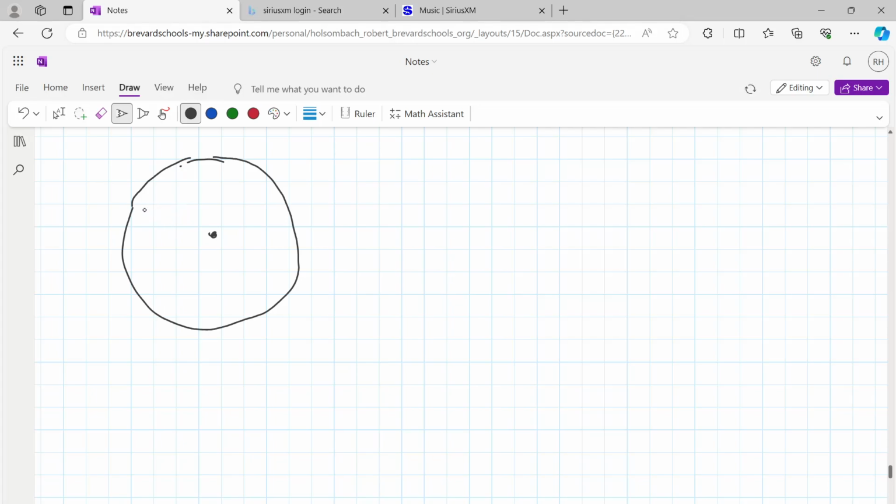Chord RS. And then we've got chord TV. You're told that RS is 5x minus 9. T to V is 2x plus 3.